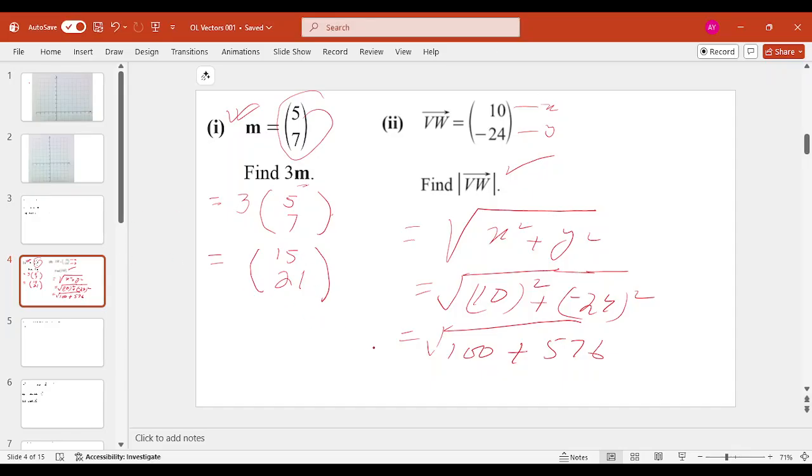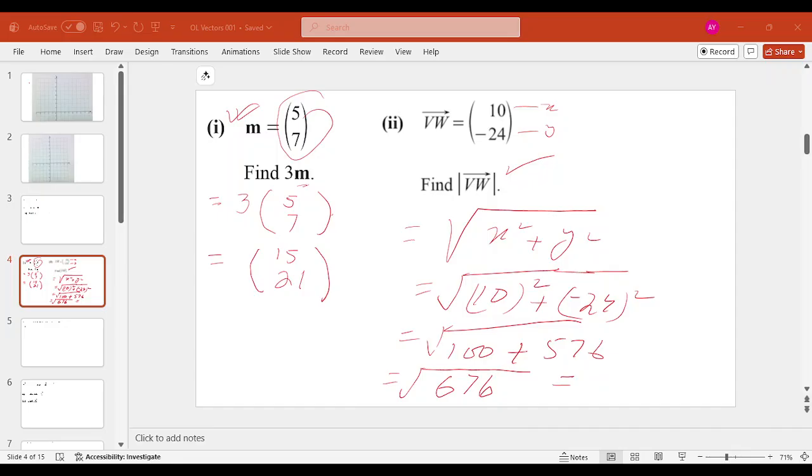So here the final answer becomes 676. If we are going to further solve this and want to give it in the decimal form, we just take the square root of 676.